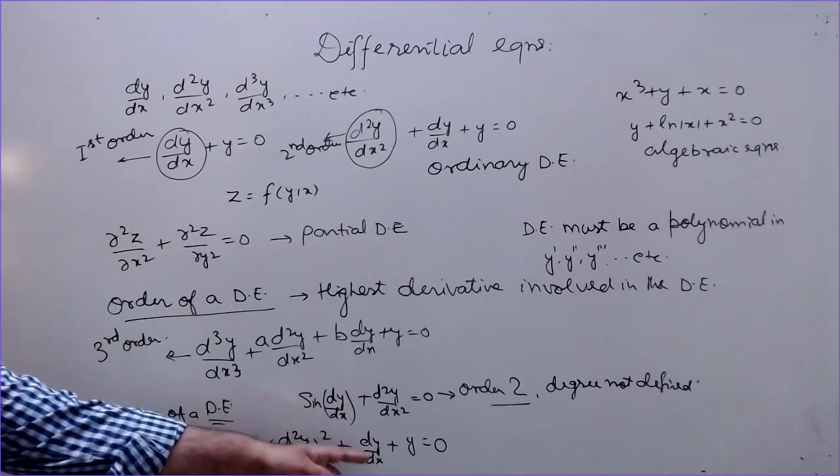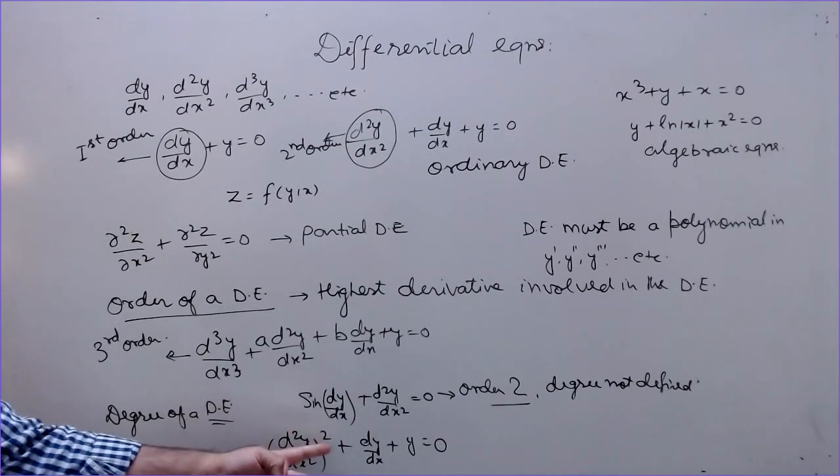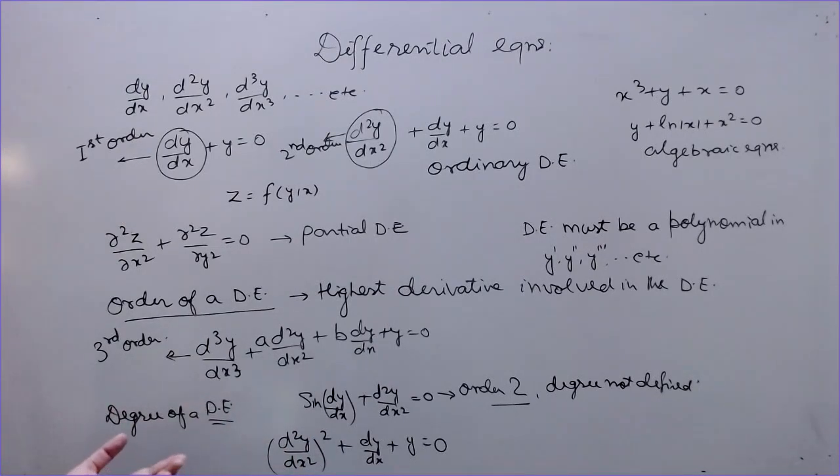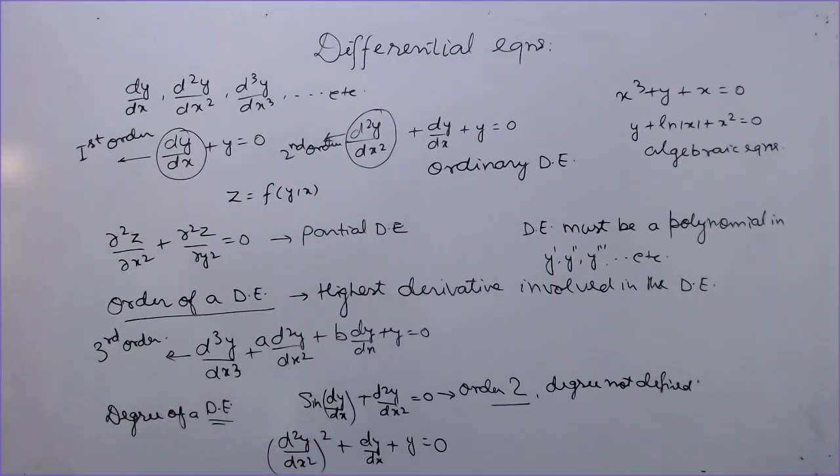First is having a power 1, second is having a power 2. What is the order? Order of this equation is clear that this is equal to 2. What is the degree? Degree is the maximum power of the highest differential coefficient. What is the highest differential coefficient? Second, and its maximum power is 2, so its degree is also 2.